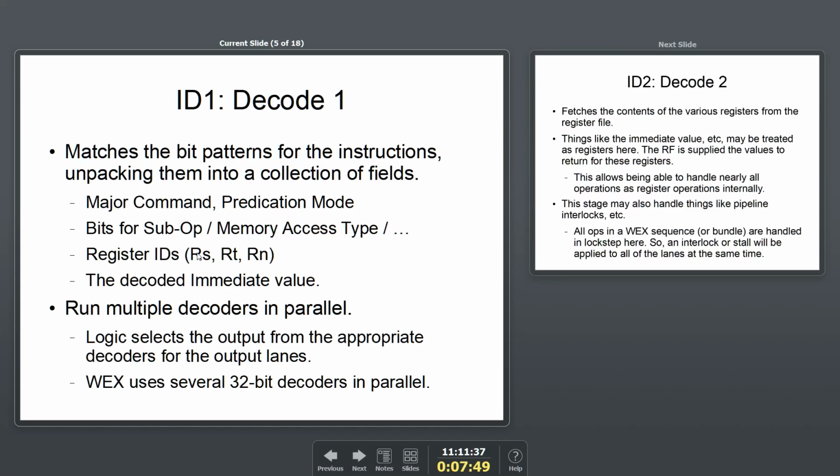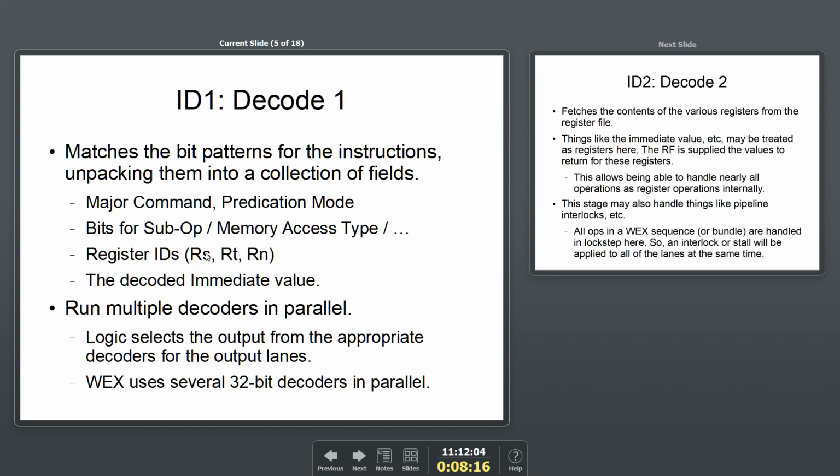These are also 6 bits each. There's only 32 registers, but one extra bit is needed for some internal registers and also for some control registers and other stuff. So that's where that comes in.